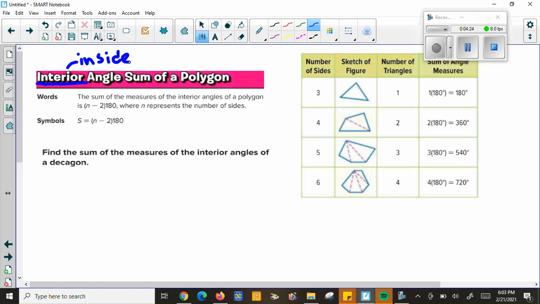The equation we're going to use is that S, which is the sum, is equal to n minus 2 times 180. N is the number of sides.